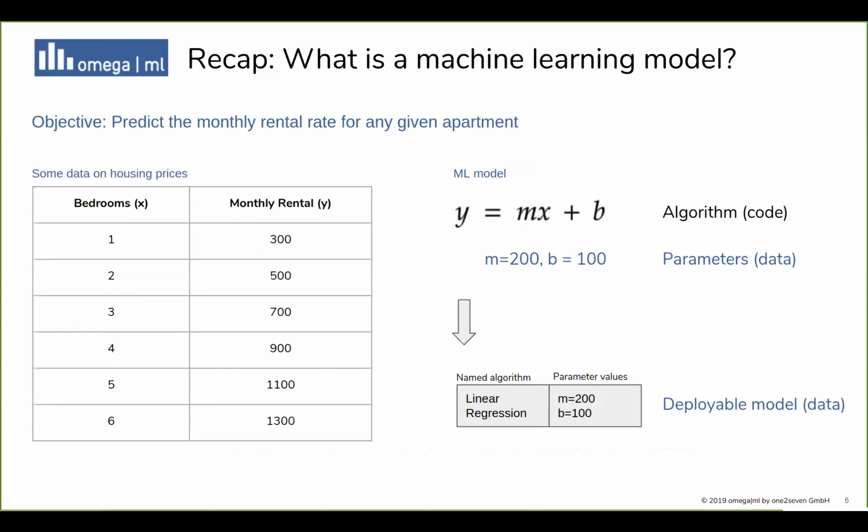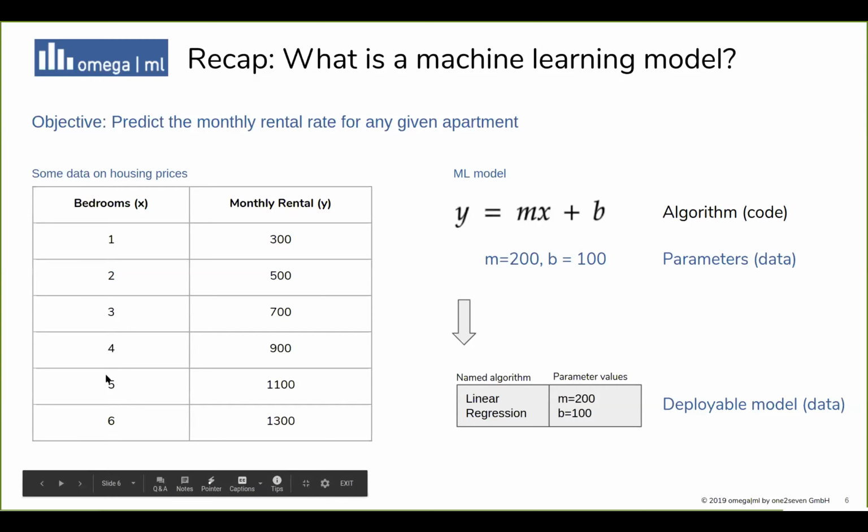And now let's maybe take a step back and think about what is actually a model when we talk about how we can deploy that. This is a very simple example here with a linear regression model that basically takes the number of bedrooms of an apartment and comes out with a rental price. Let's say that's a monthly rental price.